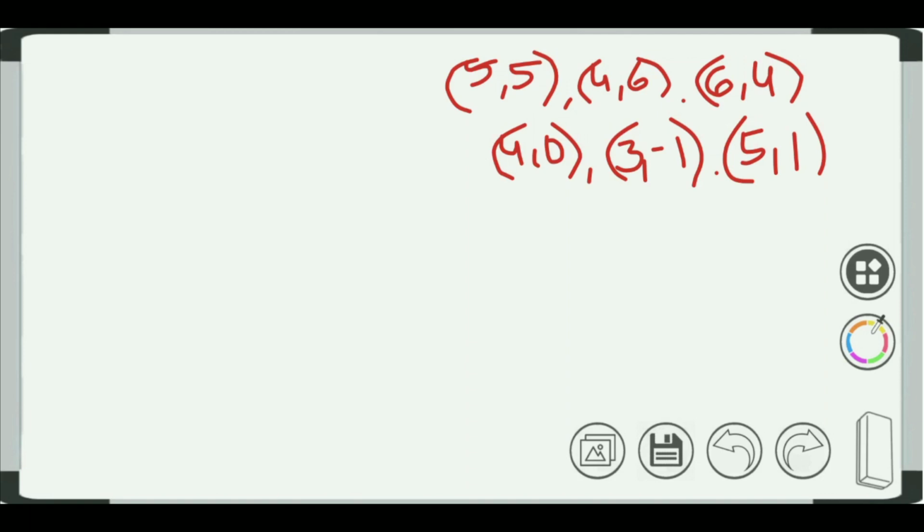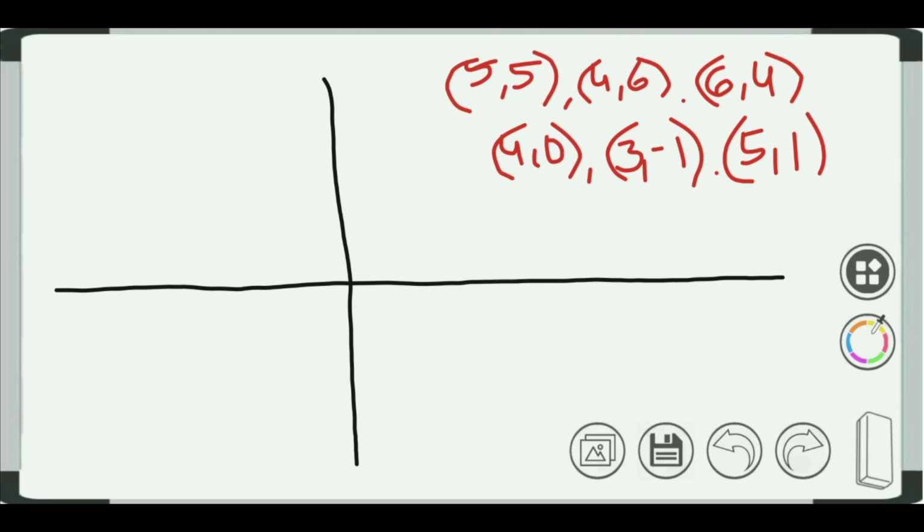Okay, now you can draw a Cartesian plane.